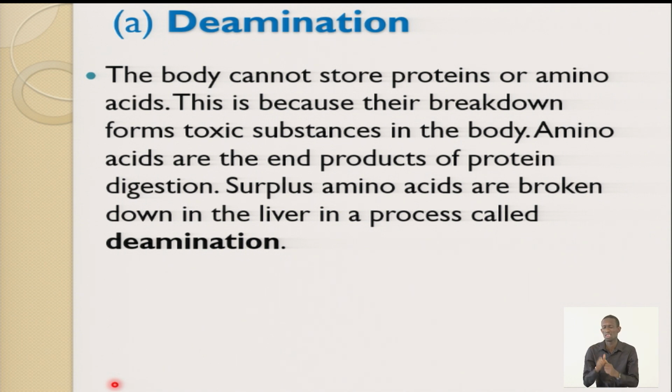Excessive amino acids are broken down by the liver and converted into urea and glycogen, and the liver stores the glycogen, which can be used during the time when the body lacks glucose. When the body lacks glucose, it will be able to use the other converted excessive proteins or amino acids, which are used by the body to generate an energy source.